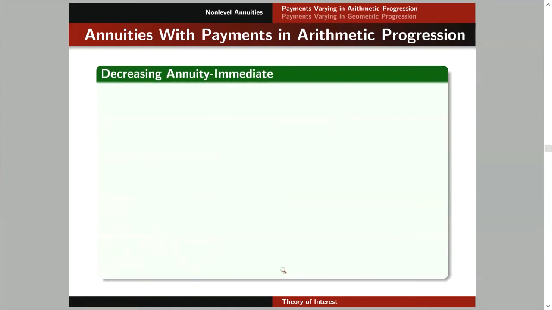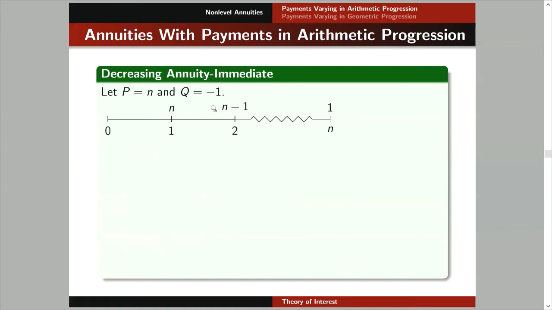Okay? Let's now have a decreasing annuity immediate. This time, we consider our first payment to be N and then Q to be a negative 1. So our time diagram looks like this. Pababa naman siya. So para siyang 10, 9, 8, 7, 6, 5, 4, 3, 2, 1.